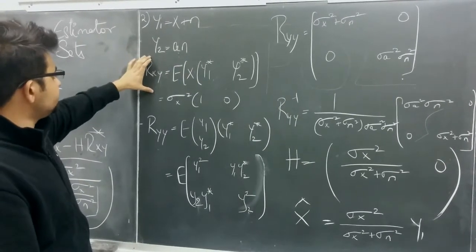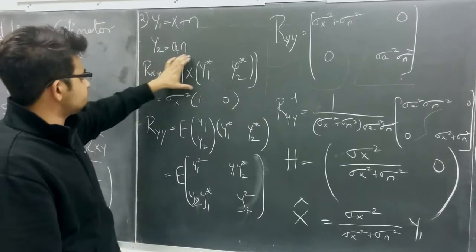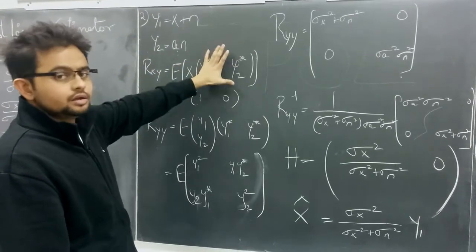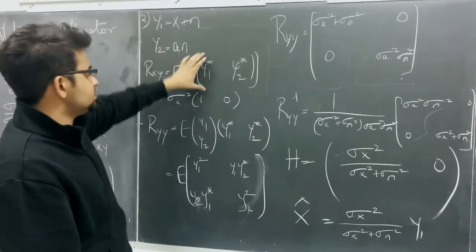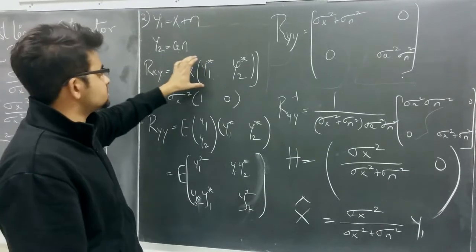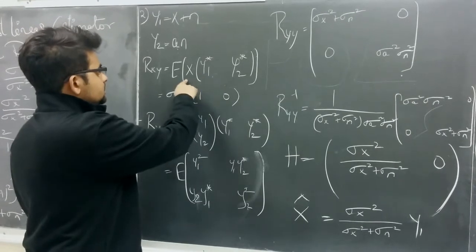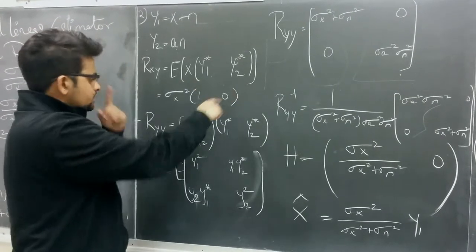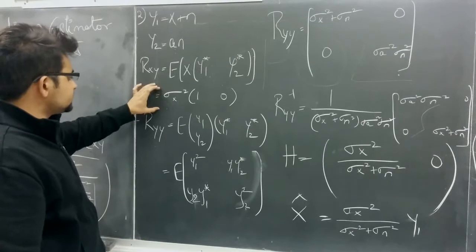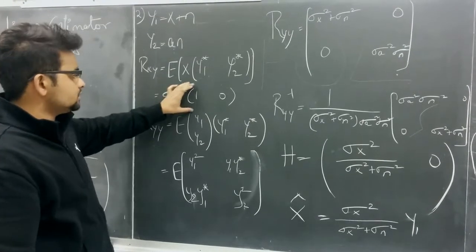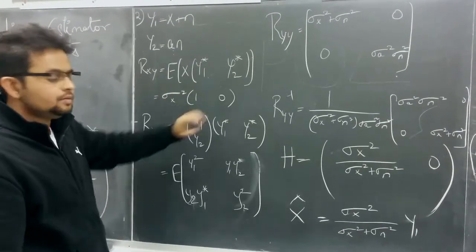So we get rxy is equal to expected value of x into y. Here in this case, it's a matrix. So the conjugate of that matrix is a horizontal matrix. It's a 1 cross 2 matrix, which is x into y1 star and y2 star. After calculating this, we get sigma x square into the matrix 1 0.